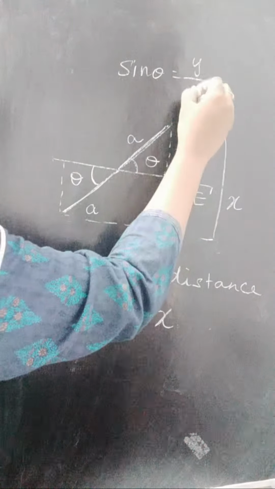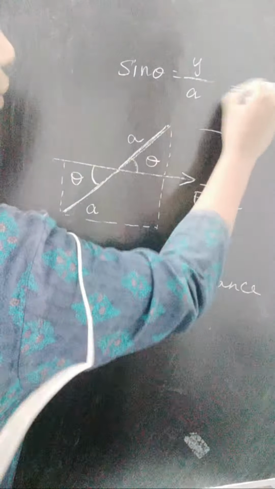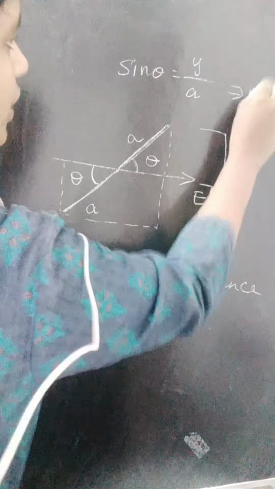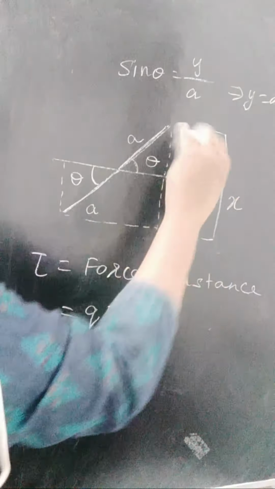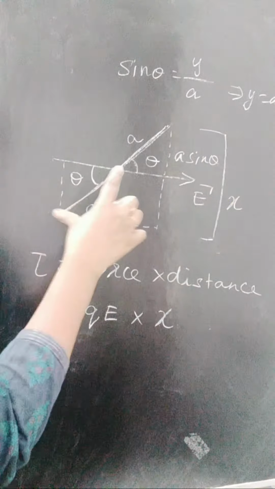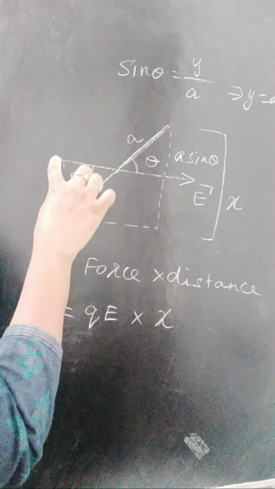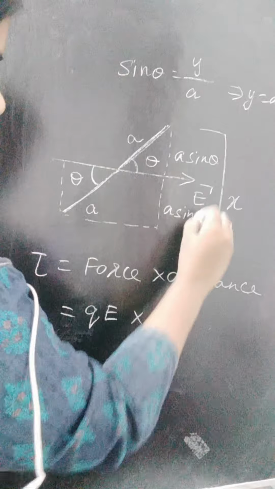So y divided by a. Then what is the value of y? y is equivalent to a sin theta. If this is a sin theta, this will also be a sin theta. So here also it will be a sin theta.